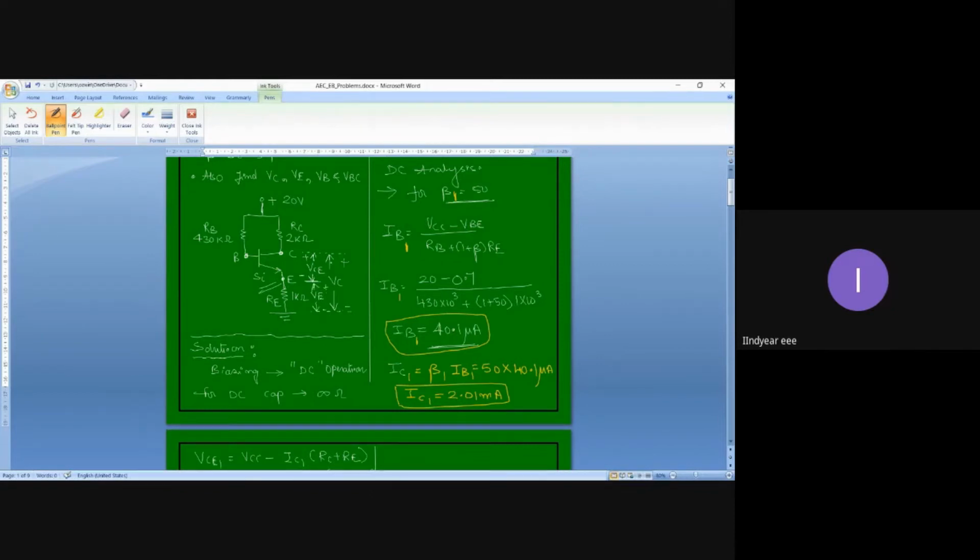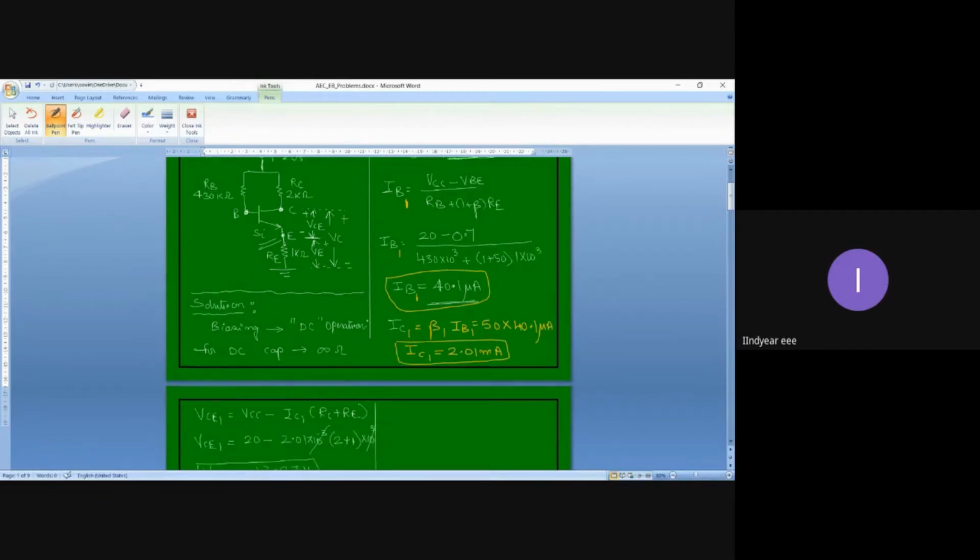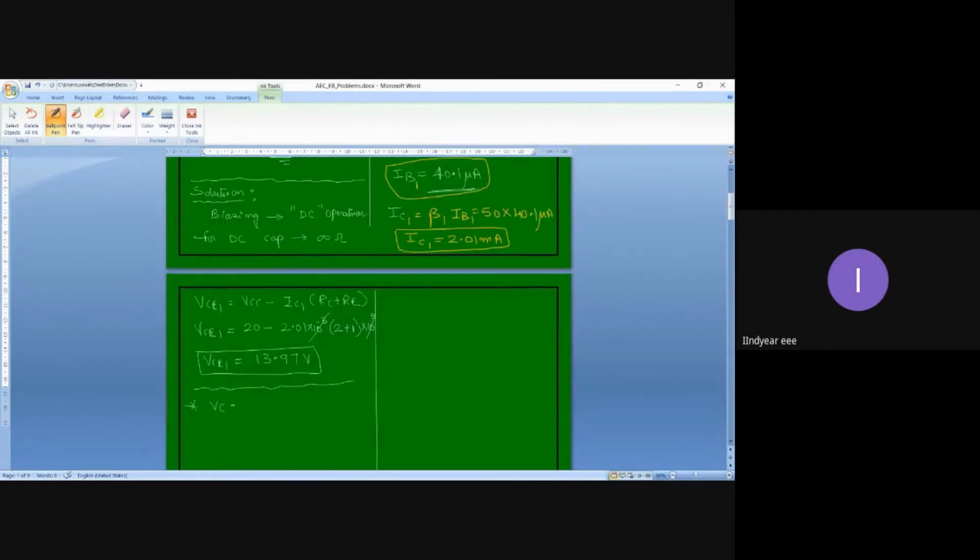Collector to ground voltage is equal to collector to emitter plus emitter to ground. So we can write VC is equal to VCE plus VE.